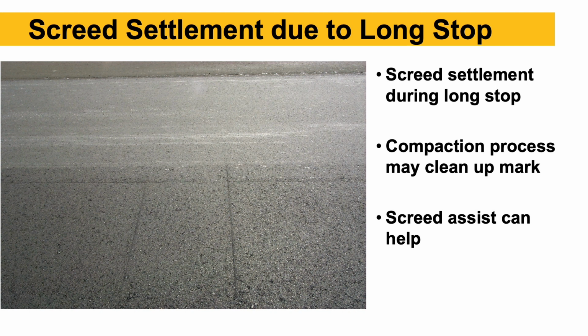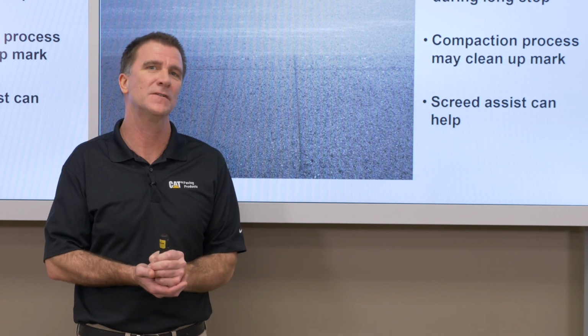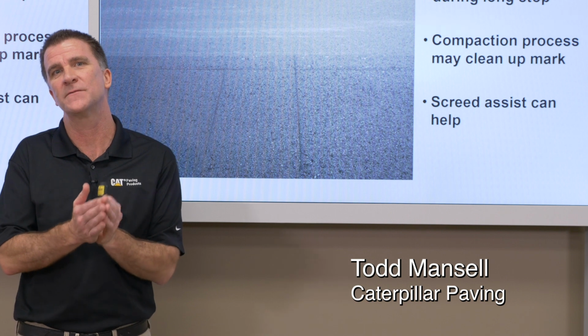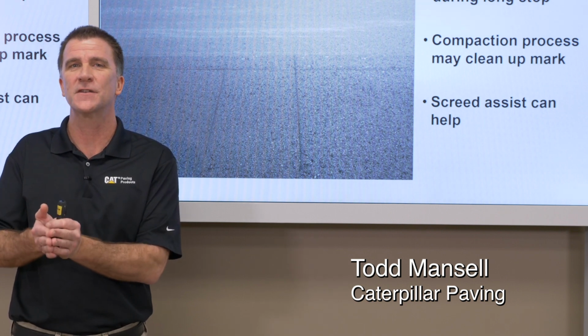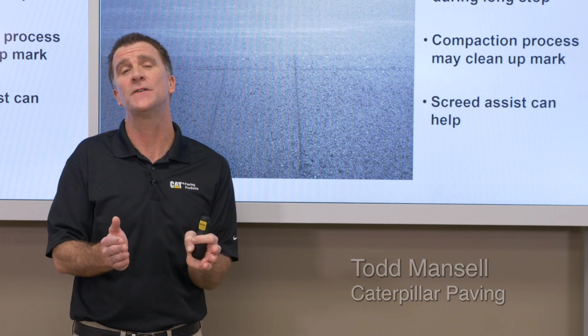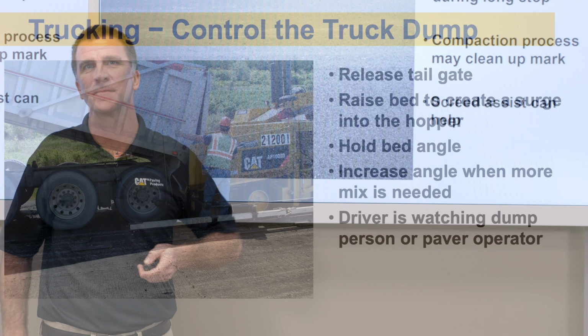So again, that may or may not roll out when the rollers get to it. Depends how long the stop is. Generally, if a paver stop is less than 5 or 6 minutes, it's not a big deal. It's when we get those longer stops, more than 5, 6 minutes sitting there, it'll leave a big enough bump and a large enough temperature differential that we're likely going to end up with some sort of bump there.